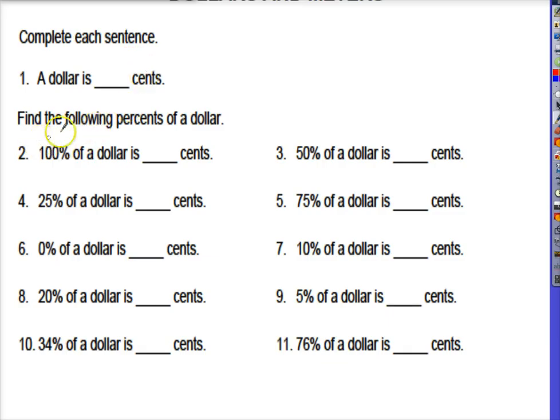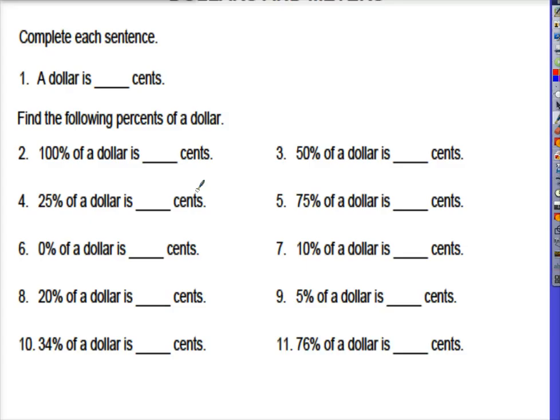Then you're going to complete each of the following, saying what the percent is of $1. Okay? So you've got 11 sentences or 11 statements, and you need to write them down and then fill in with what the value would be.